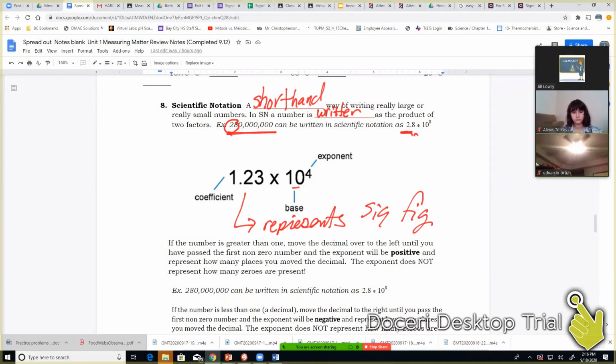So if a number is greater than 1, you're going to move the decimal. A little bit of a typo here, so we're going to have to correct. You're going to move the decimal to the left until one non-zero number is in front of it.